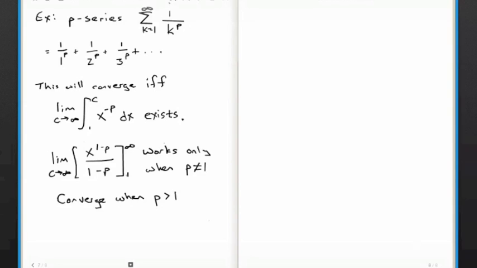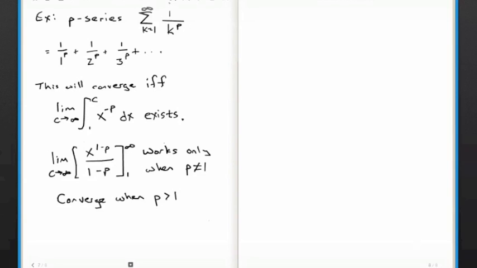When I stick in a 1 for x, remember I'm not sticking a 1 in for p, I'm sticking a 1 in for x, 1 to whatever will just become 1. 1 minus p will, as long as my p is positive, become some negative number, subtracting a negative number. This will make more sense when I do an example.